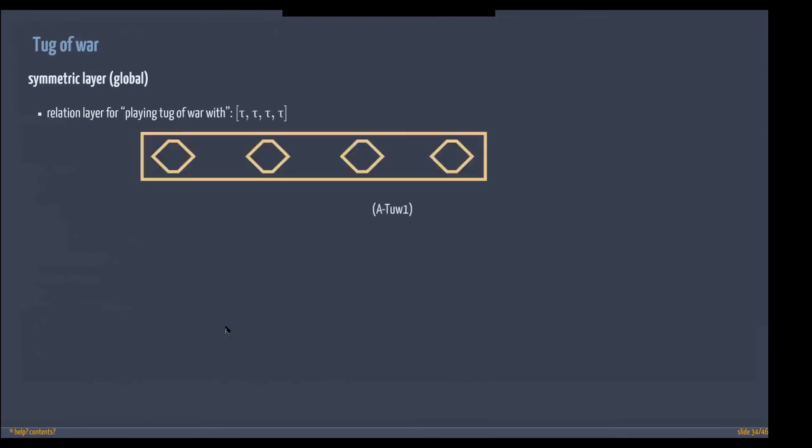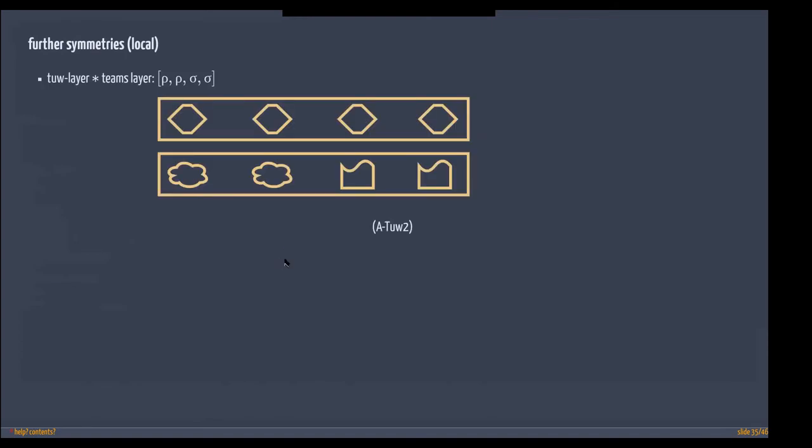How does tug of war work? Well, we started in the beginning with the setup of positions that allows us to say each player plays tug of war with each other player. And this time we're not throwing it away, but instead we are piling it up with the second candidate layer, which allowed us to have 2 different teams. And what we're now doing is assigning objects to these superpositions.